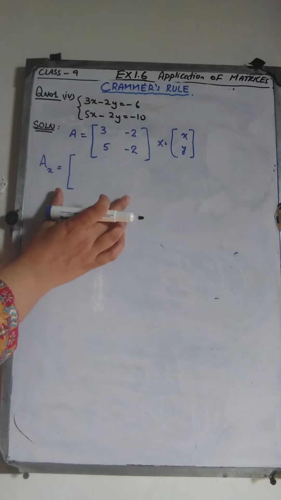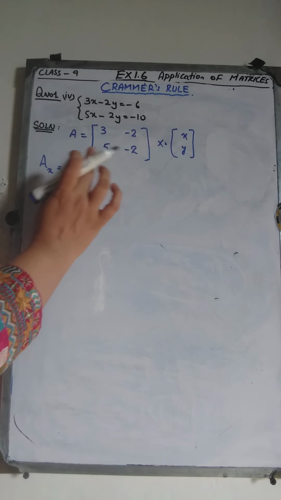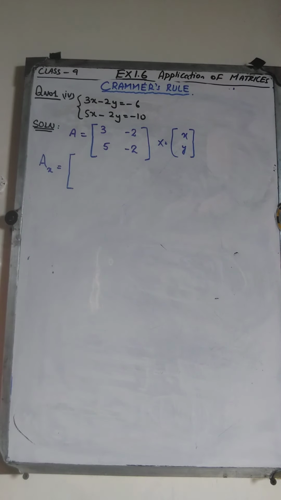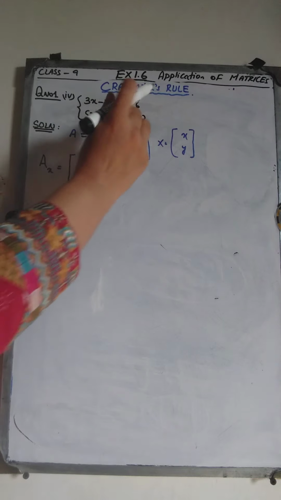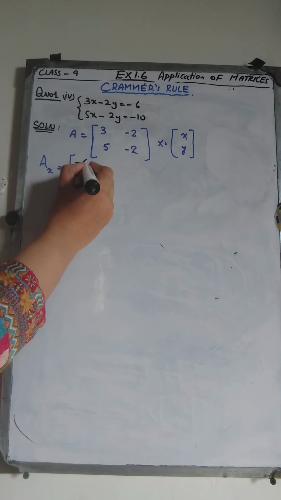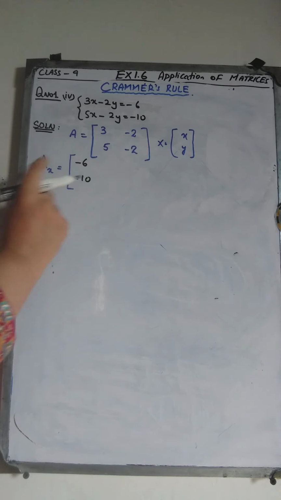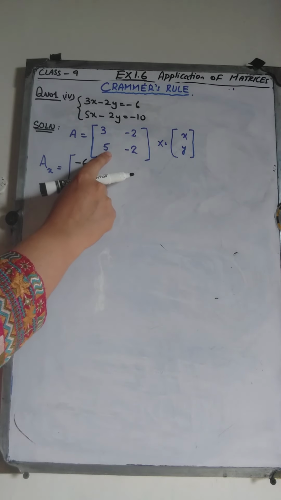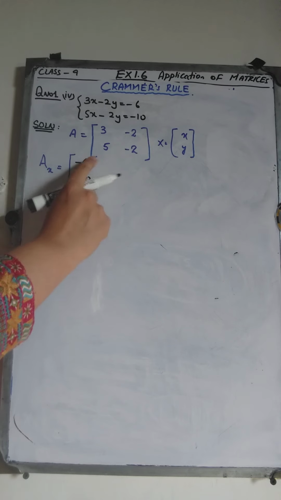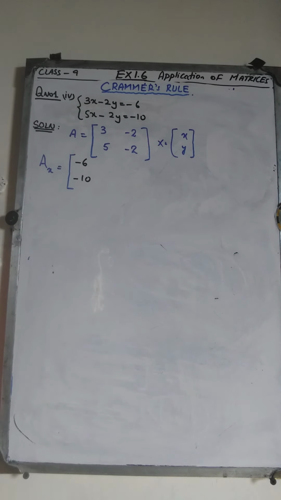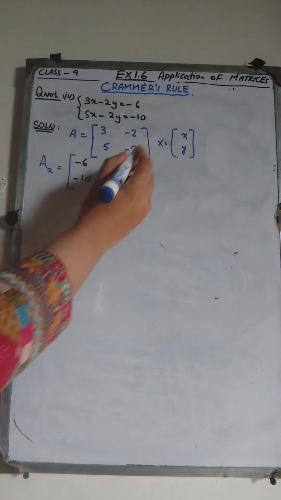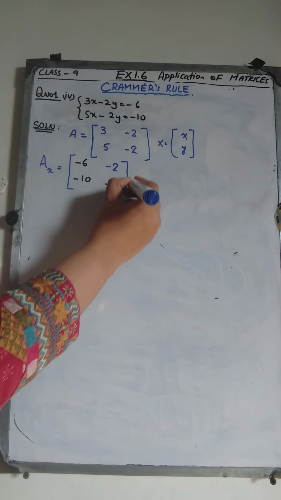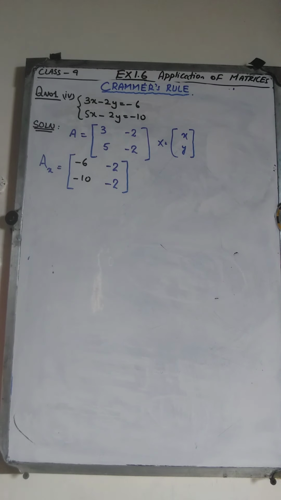Now you form a new matrix and replace the first column with these constants. Then write the coefficients of y as in this matrix.